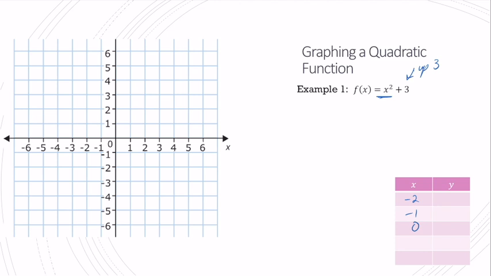When we plug them in, we'll see how our graph has been shifted. So f of -2 is -2 squared plus 3. That's going to be 7. I've got f of -1. That's -1 squared plus 3. That's 4. F of 0, 0 squared plus 3 is 3.